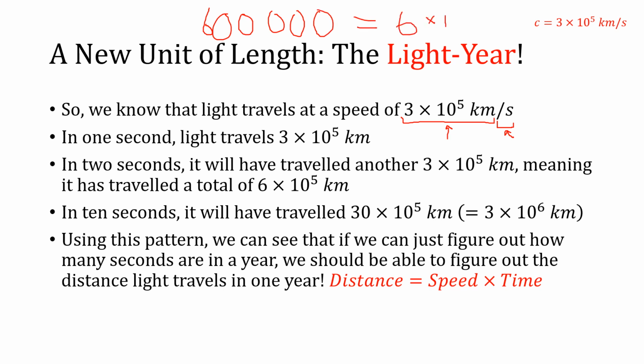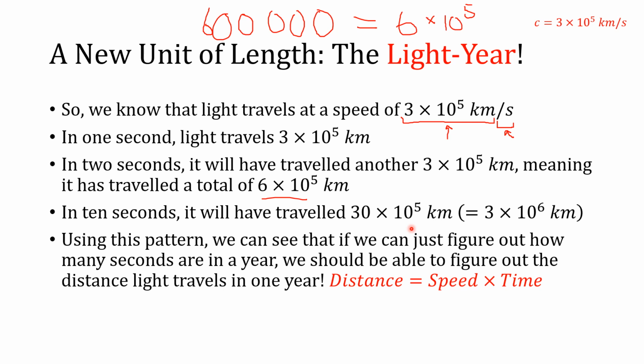So I can write it as 6 times 10 to the 5. And that's what we've got here. 600,000 kilometers. That's how far light has traveled in 2 seconds, right? And in 10 seconds, instead of 3 times 10 to the 5, it'll have traveled 3 times 10 to the 6, right? Because when we multiply by 10, we just tack on a 0.